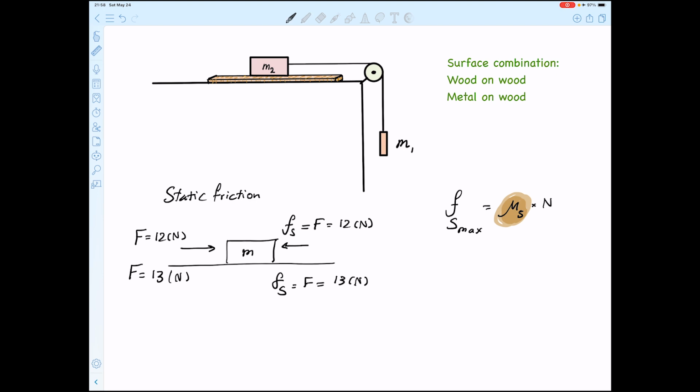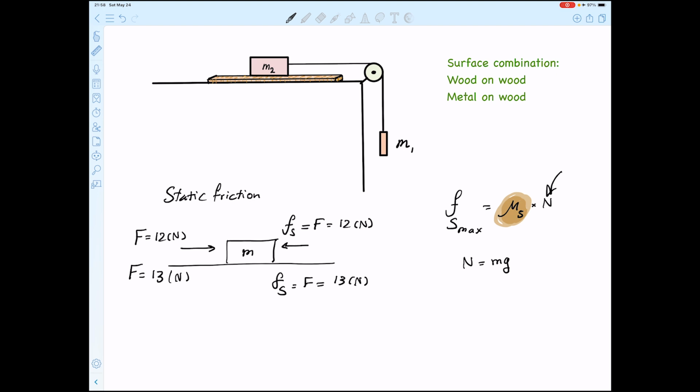This n here is the normal force. A lot of times we think that normal force is equal to mg, the force of gravity, which is not always the case. So the maximum amount of static friction is mu s, which is a constant, times n, which is the normal force.